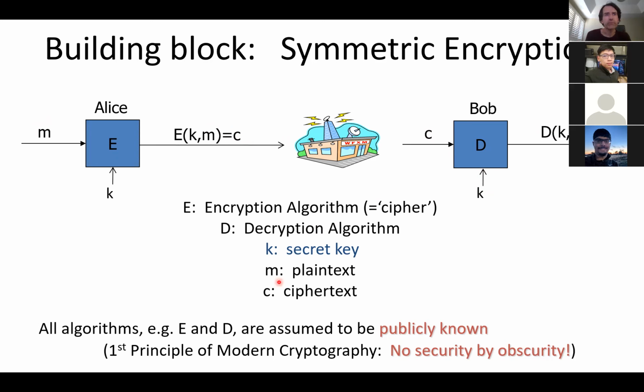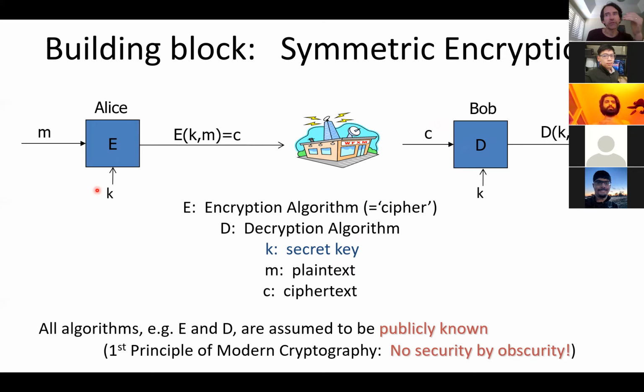Now, it's very important that algorithms are publicly known. So the E algorithm and D algorithm are publicly known and are part of some standards that everybody can scrutinize and re-implement if they want to. There is no security by obscurity. We do not rely on algorithms being obscure, being unknown by the attacker.